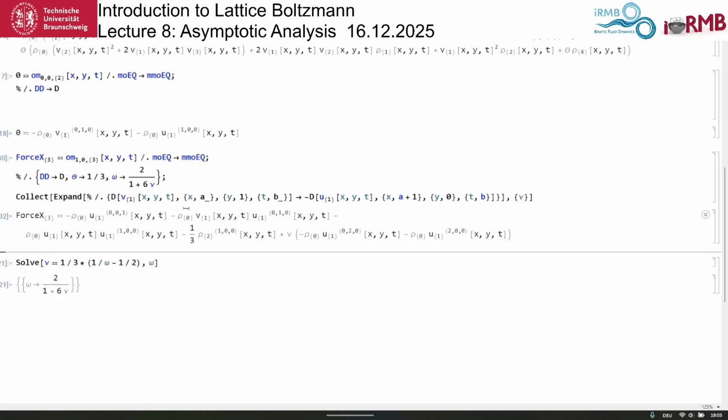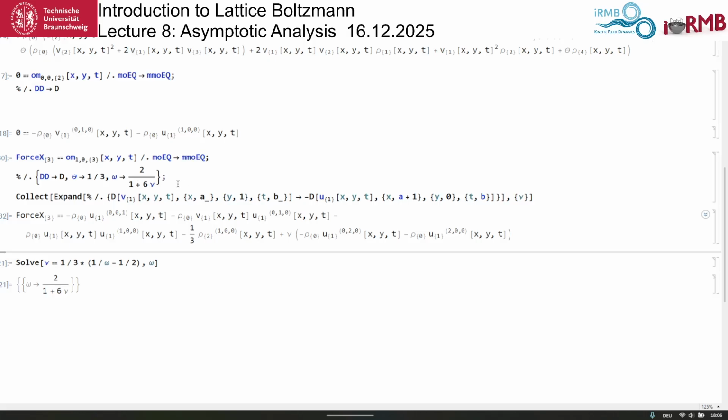And here you see we have the Laplace operator. Here we have the pressure term, and the rest is the advection term, and this is the force term that we put on the other side.